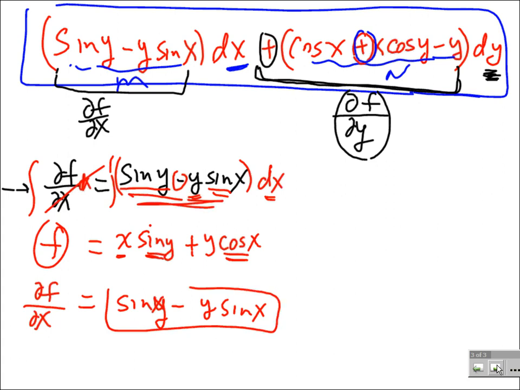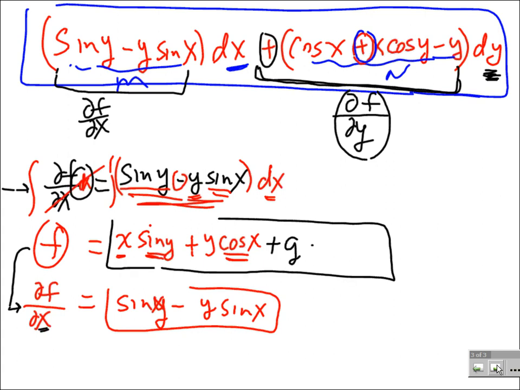This works. But every time you integrate, as you know, you get a constant. Now this constant, since I integrated with respect to x, when I differentiate, I'm differentiating with respect to x. And no matter what I put here, when I differentiate, I better get this.